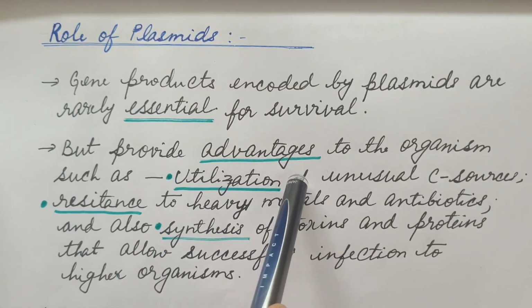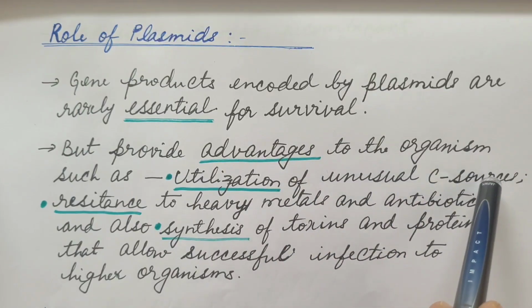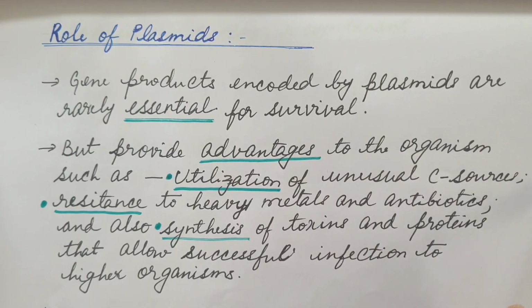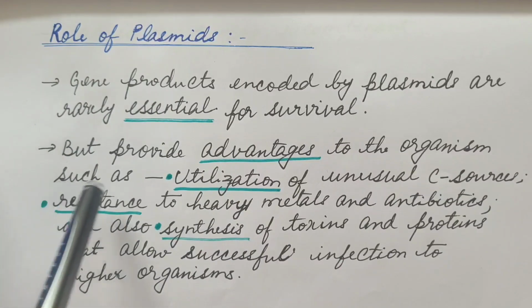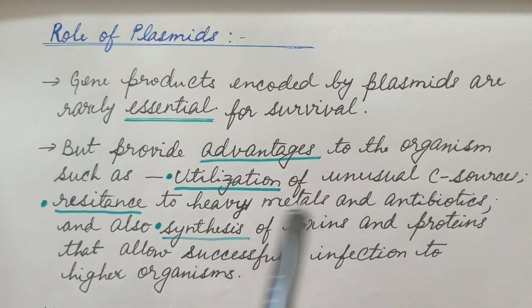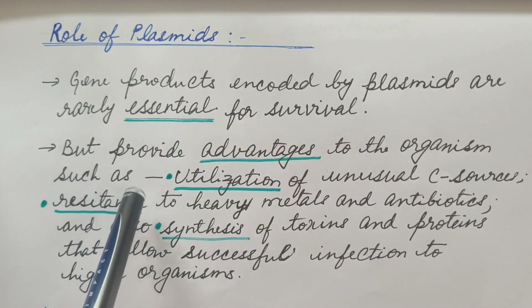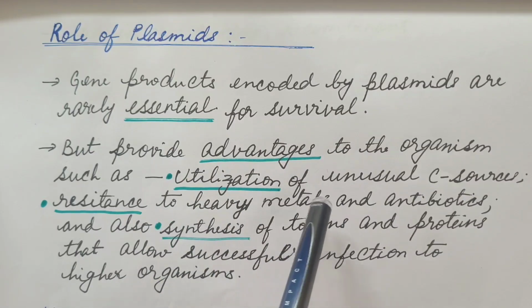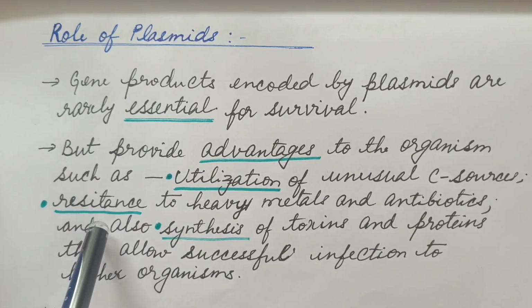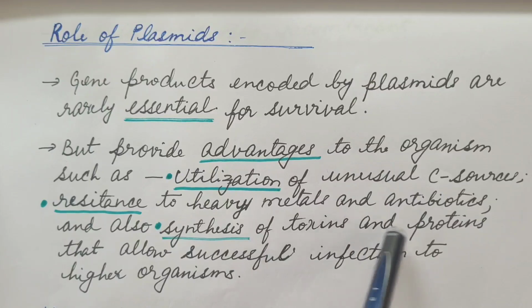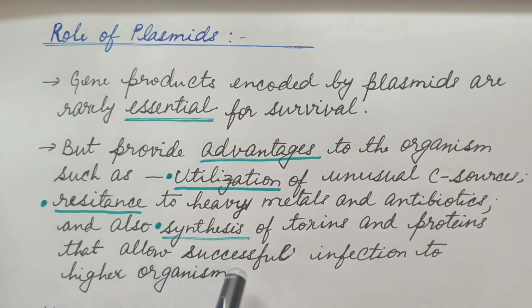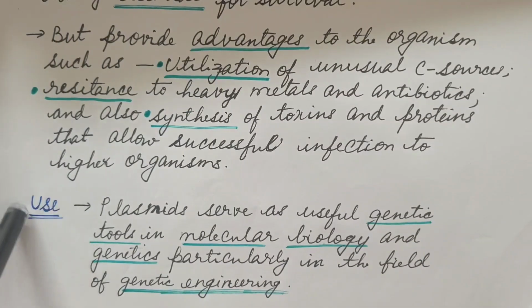So these help in the utilization of certain unusual carbon sources like toluene, etc. Then resistance to heavy metals and antibiotics. Sometimes these provide resistance to heavy metals and antibiotics, and also synthesis of toxins and proteins that allow successful infection to higher organisms.